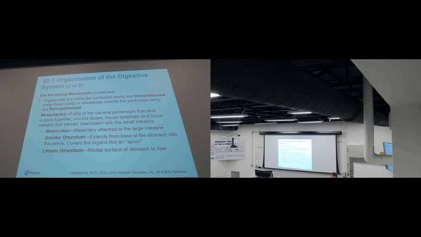Now, between one region of the stomach, which is called the greater curvature, and the anterior wall of the abdominal cavity, we have an apron-like membrane that hangs from the greater curvature that we call the greater omentum, just like as is written in there. So the greater omentum is like an apron.